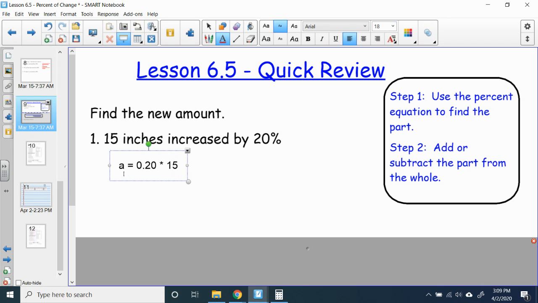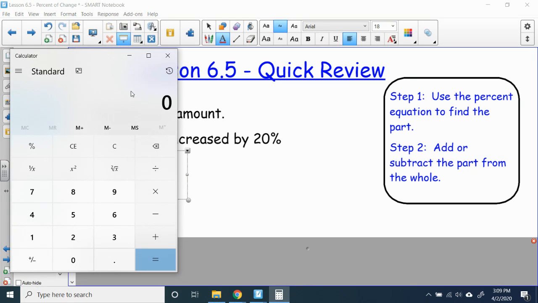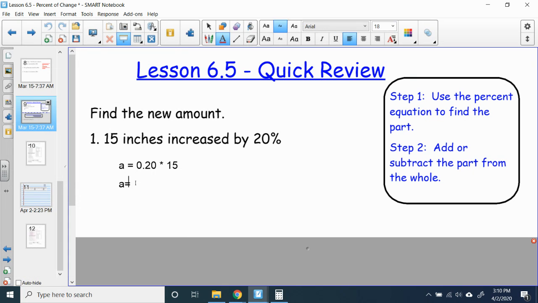That would be my equation. When I solve that on my calculator, 15 times 20 hundredths gives me 3. So A would be 3.